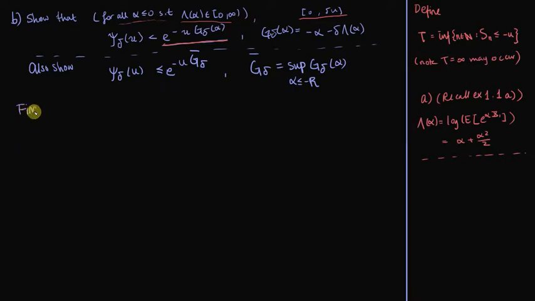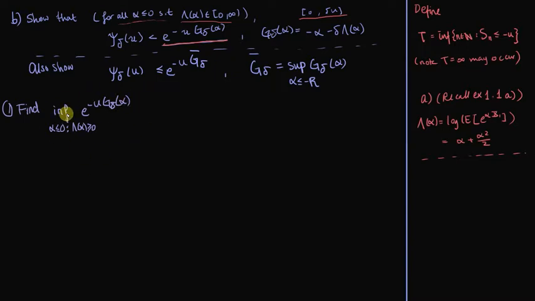So what we're going to do is find the infimum of e to the minus u g delta of alpha, where we consider all the alphas that make sense to consider. According to the exercise, we're asked to consider those alphas smaller than or equal to 0, which make our cumulant generating function non-negative.